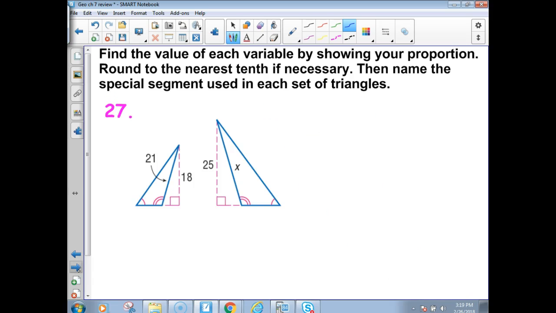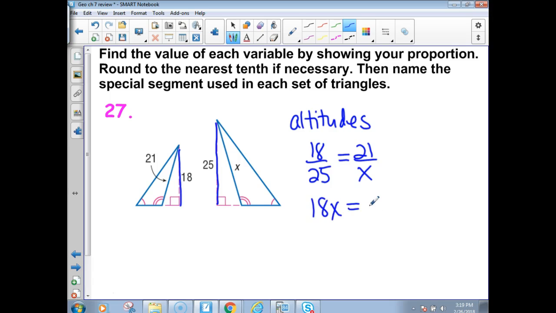Okay, 27. What are these things in red? Or whatever, on your paper it can't be red because it's not color, but this is an altitude. These are altitudes. And altitudes in two similar triangles are proportional to the corresponding sides. So 18 over 25, the comparison of the altitudes, equals the comparison of the corresponding sides, 21 to x.